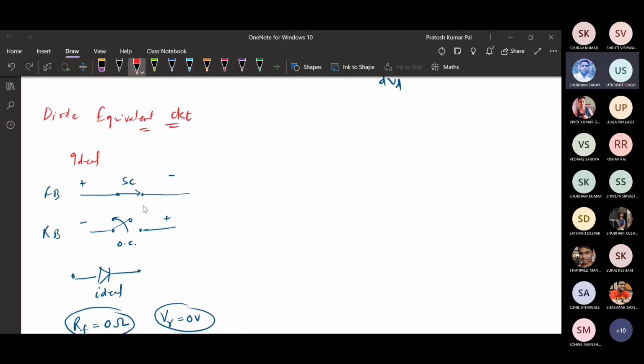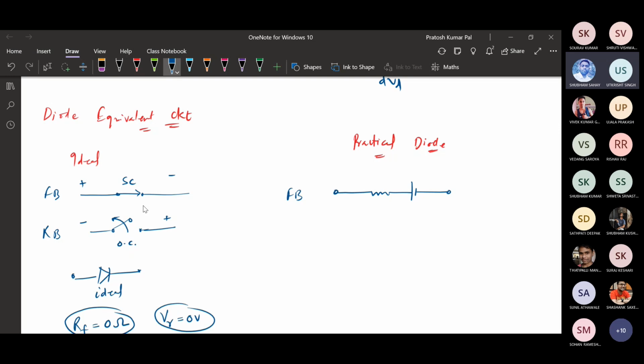In practical cases, in a practical diode, if it is forward bias, the diode will be represented by a resistance with a voltage.